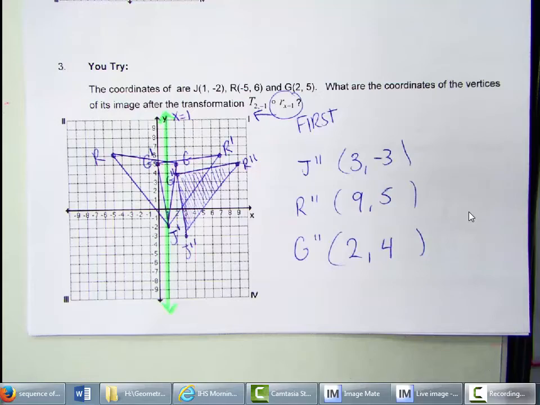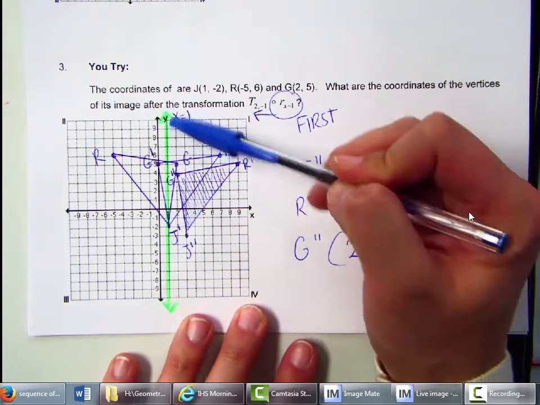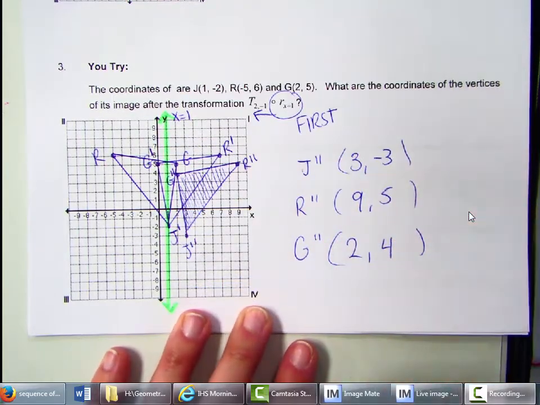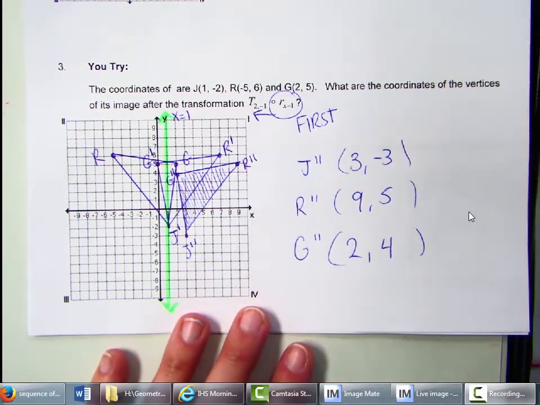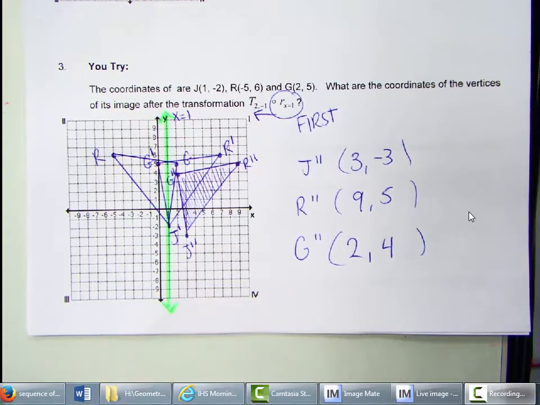This one was a little tricky because everything kind of overlapped. Notice how I'm using a highlighter to do my line of reflection. It helps me distinguish where my line of reflection is. You can shade in your final image if that helps you visually represent what's going on, because it is tricky since they're all overlapping.